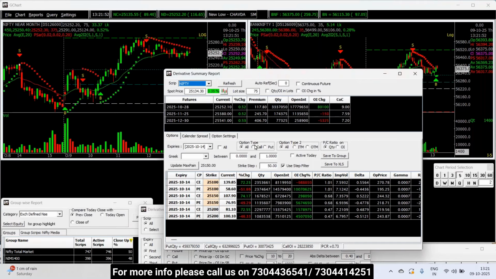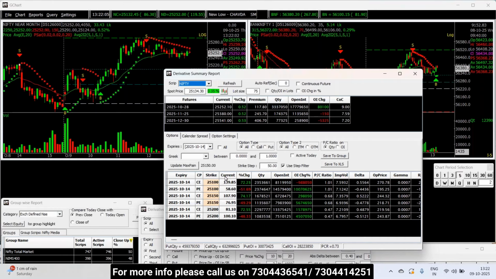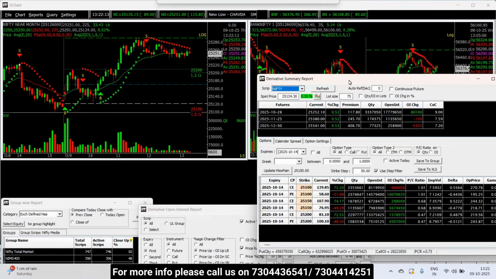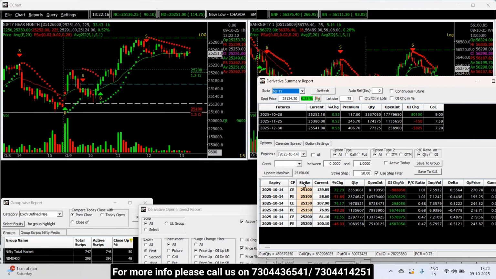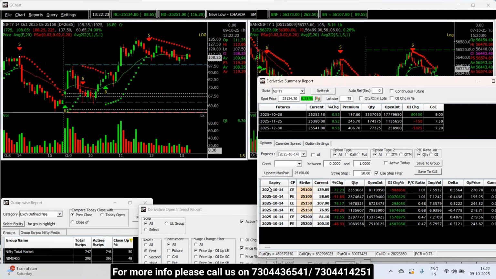Here again there are options: all, call, put, and in the money, out of the money, as you can see, and you can choose the percentages of strike within. Then you will get strike options. For example, I'm getting this as 25,100. Like this we can see the strike prices.